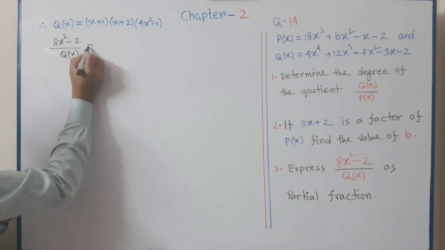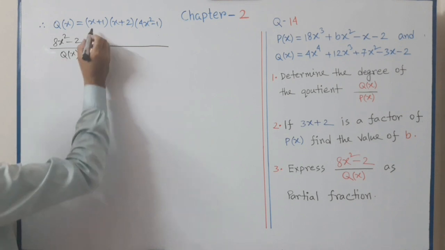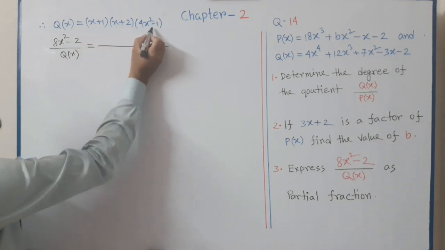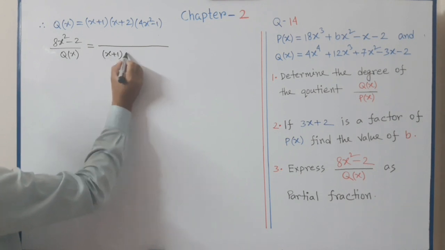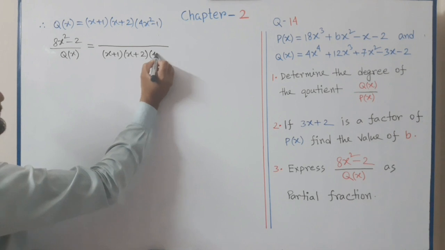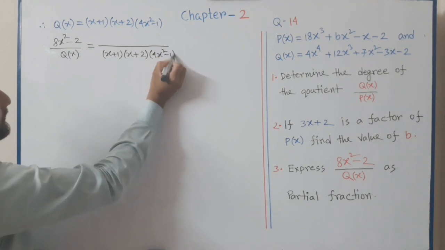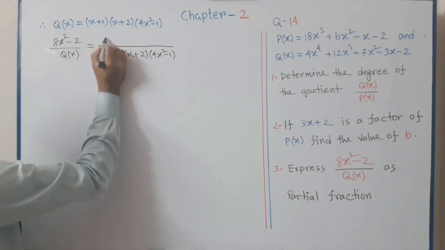Now write down, putting the value of the factor form of q of x, which is x plus 1, x plus 2, and 4x square minus 1. So x plus 1, x plus 2, and then 4x square minus 1. In the numerator here see that 8x square minus 2 we can take common 2.